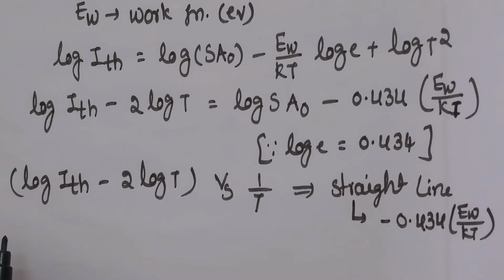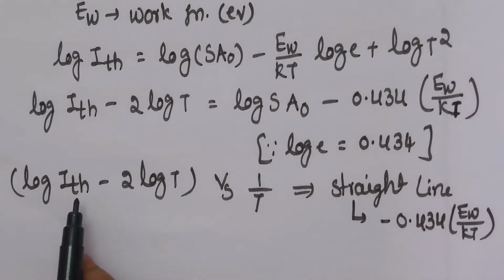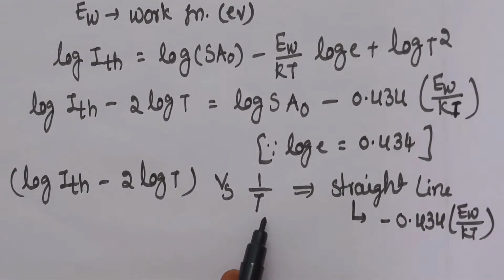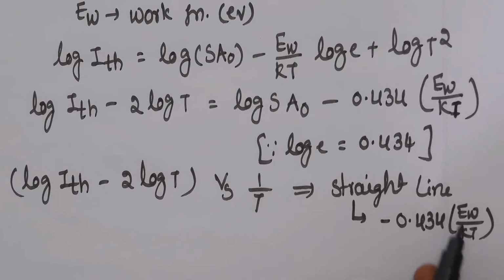So if a graph is plotted between log of I_th minus 2 log T versus 1 by T, then it results in a straight line whose slope is minus 0.434 into EW by K, from which EW can be determined. That is, the work function can be determined from this graph.